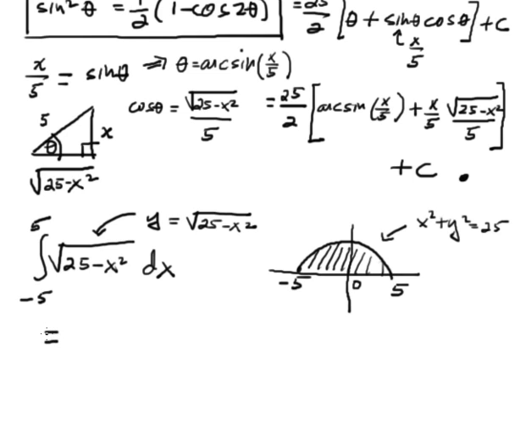All right, we know we have that this integral is equal to this expression here. Let's just multiply through, and with the 25 over 2, we have 25 over 2 arc sine x over 5.